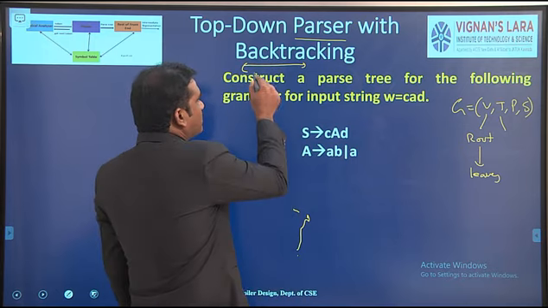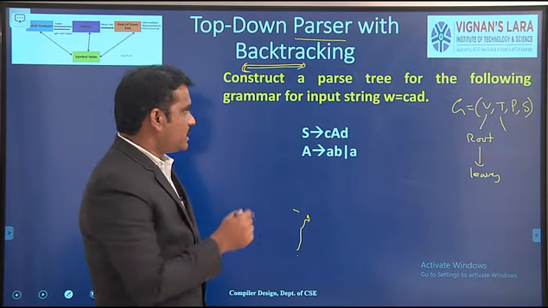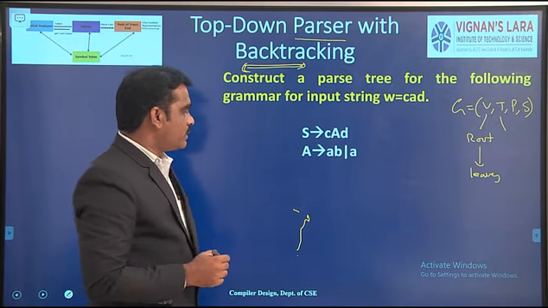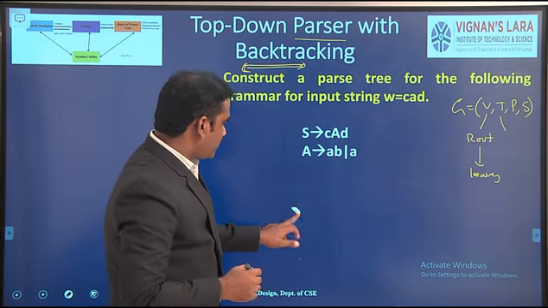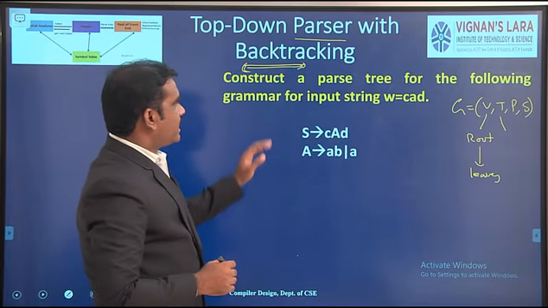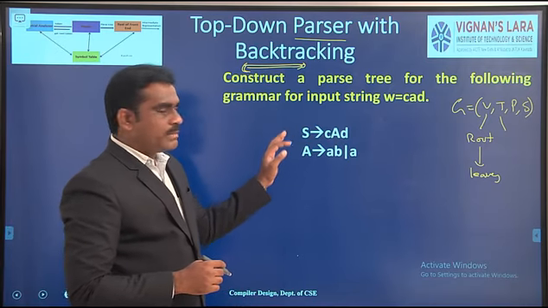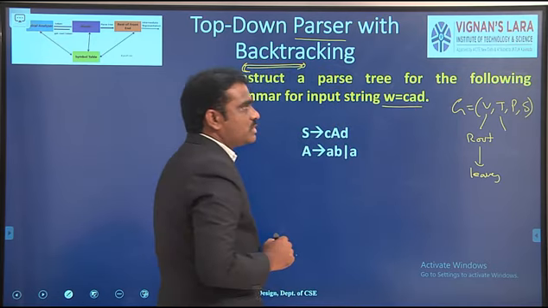But what about backtracking? What is meant by backtracking? See, if you take this example, construct a parse tree for the following grammar. Derive an input string, CAD.